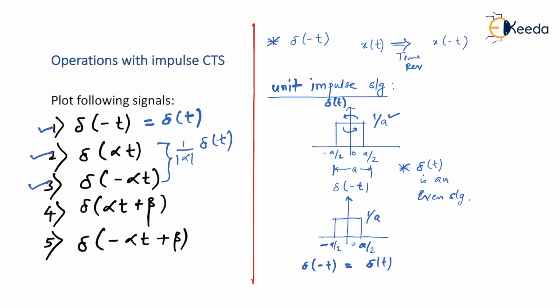So let us write the final answers: 1 upon mod of alpha del of t plus beta by alpha, and here 1 upon mod of alpha del of t minus beta by alpha. So this is how we operate on impulse signals in continuous time. Thank you.